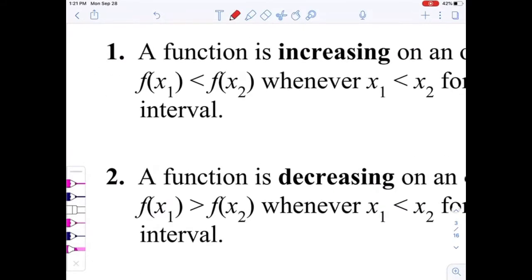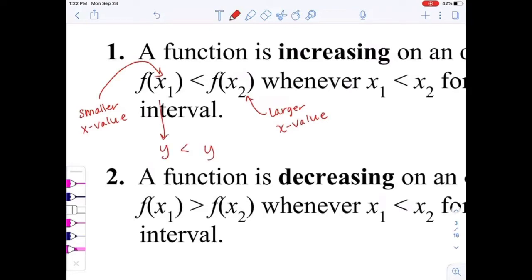All right, if I were to plug in the smaller x value, x1, and my x2 value is the larger x value, the output y value for x1 is less than the y value for x2.